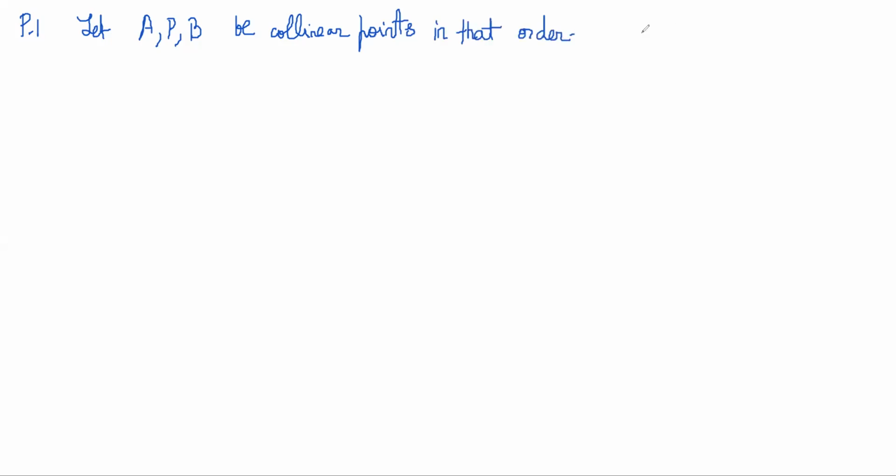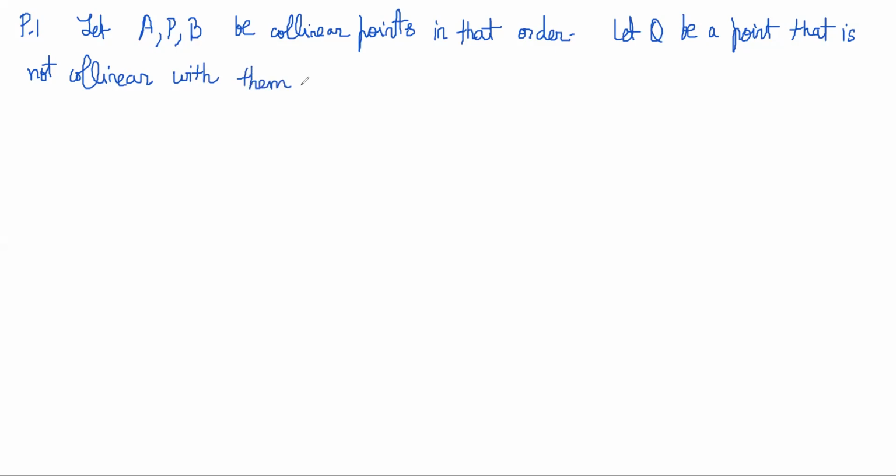Then let Q be a point that is not collinear with them. Then we have to prove that area of triangle APQ by area of triangle BPQ is equal to AP by PB. We have to prove this.